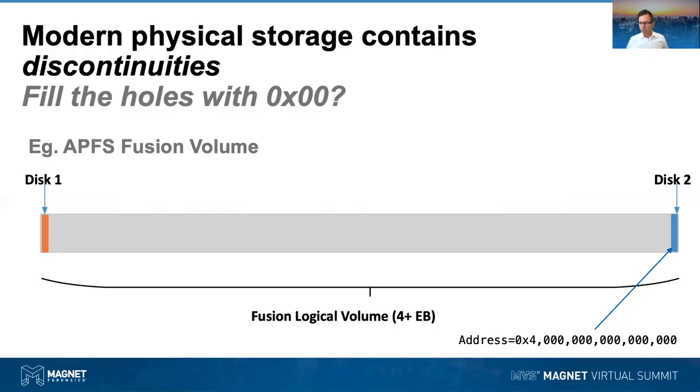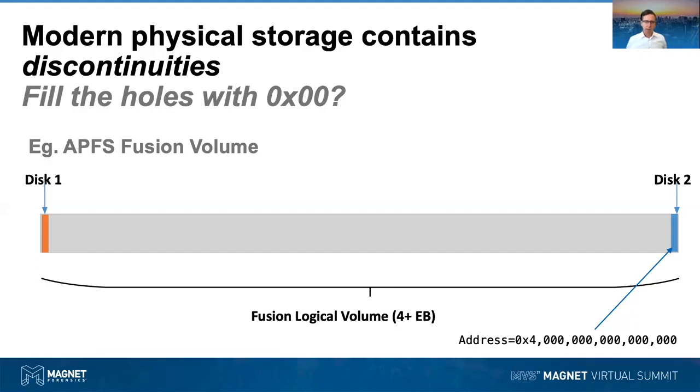A fusion volume, for those who haven't come across them, is a special type of volume where you have a fast disk and a slow disk, and macOS manages to speed up and optimize some of your accesses by storing hot data on the fast disk, but the bulk data on the slower disk.